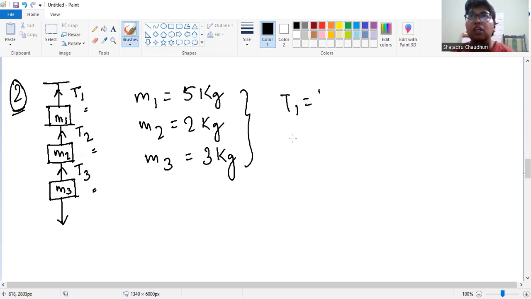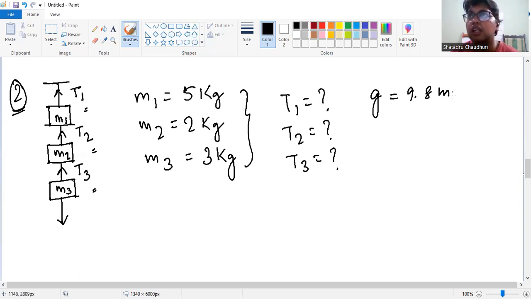In order to solve this problem, we have to follow the technique. Here it is said that we must take g equals 9.8 meter per second square, the value of the acceleration due to gravity. We need to find out T1, T2, and T3, the tensions on the springs.